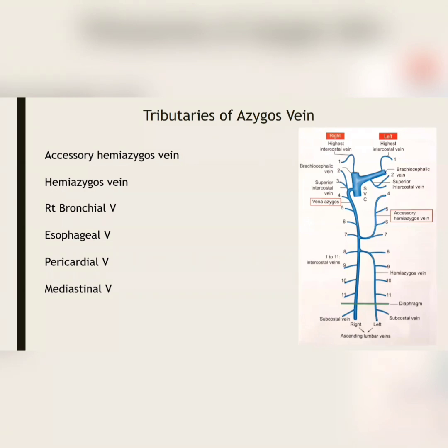If you are interested, you can learn basically the structures in the mediastinum. There are veins from the pericardium, veins from the posterior mediastinum, veins from the esophagus, and the right bronchial veins. They all drain into the azygos vein.